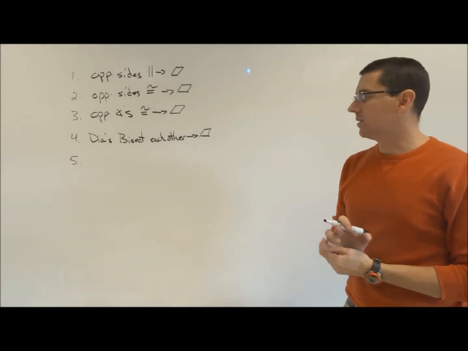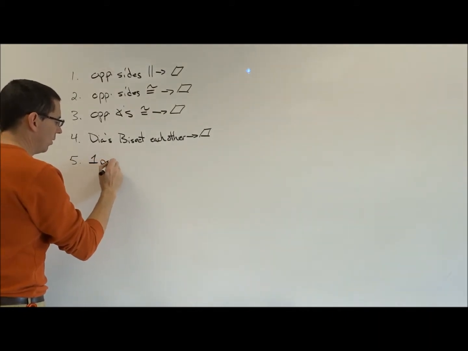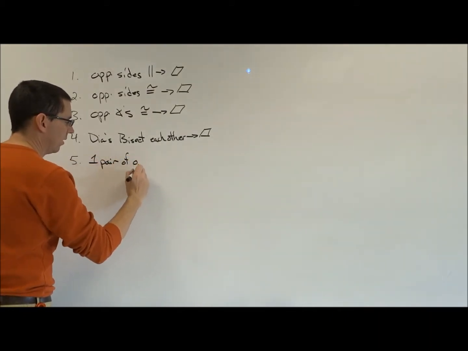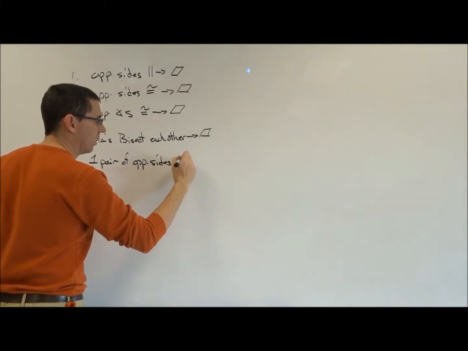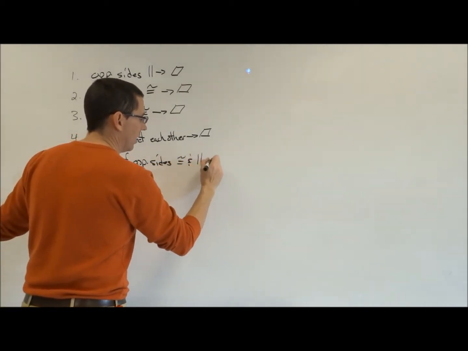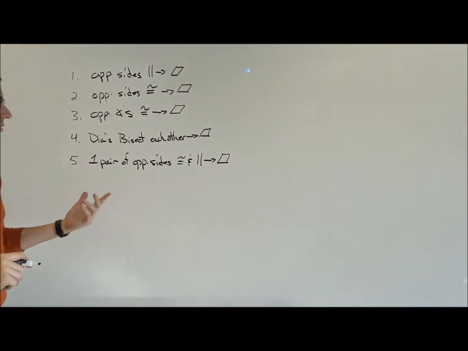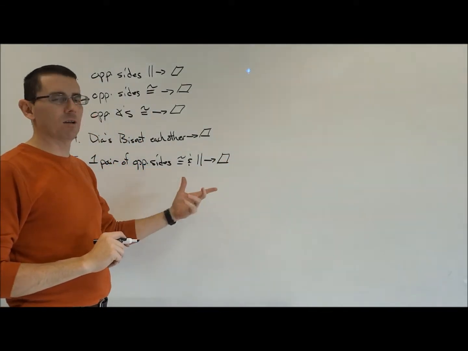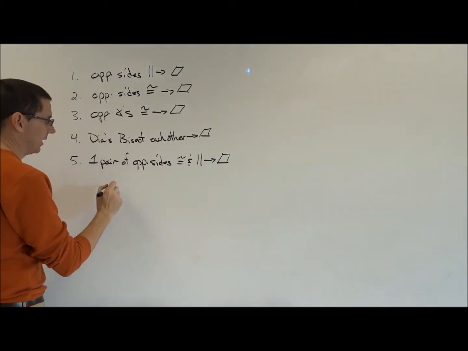But the 5th way deals with this: if I can show that one pair of opposite sides are both congruent and parallel, it has to be a parallelogram.